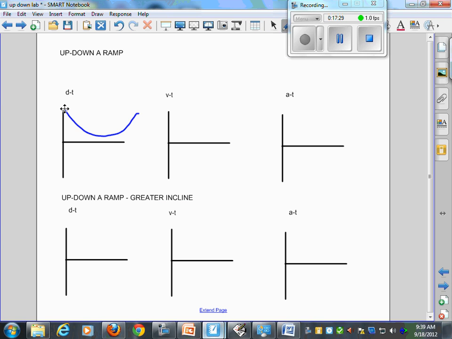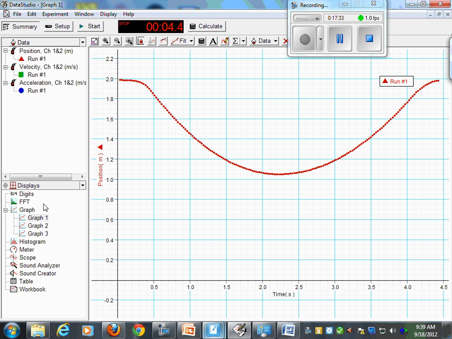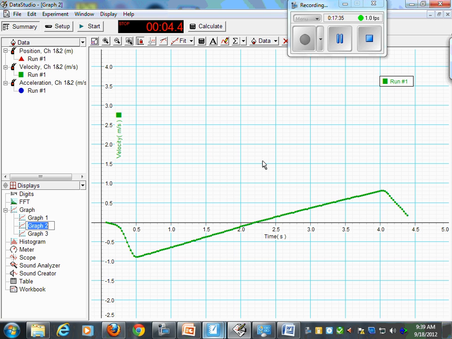The velocity time graph, what do you think? Let's see if I can find it. Is that correct? Absolutely. Here's the pushing phase right here, right? And then as it goes up the ramp, the velocity goes to 0. Don't you dare erase your predictions. Goes to 0, and then what's happening here?